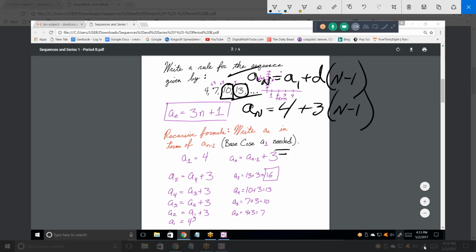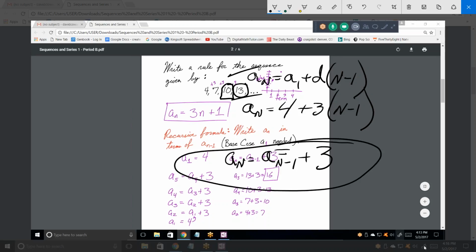Well, what would the nth term be? It'd be the previous term plus the common difference. So that's the formula for the nth term defined recursively. And like I said, the only thing that recursive means is you're defining the nth term as a function of the nth minus 1 term.